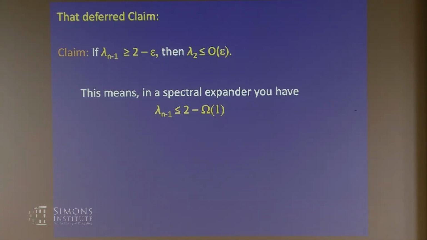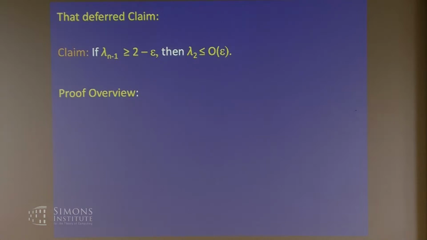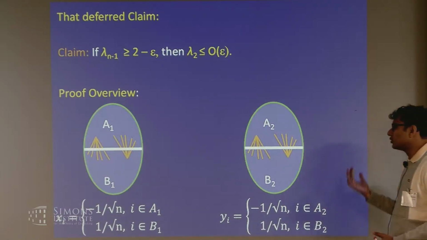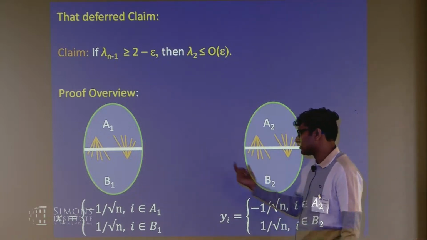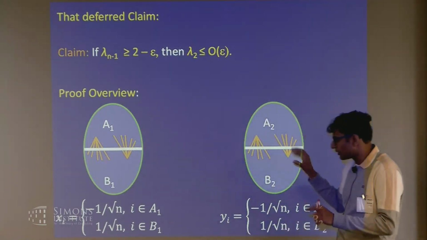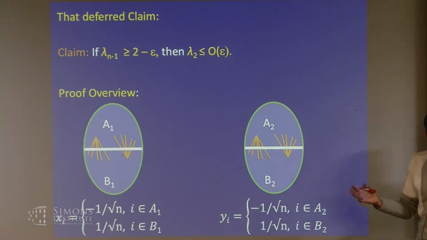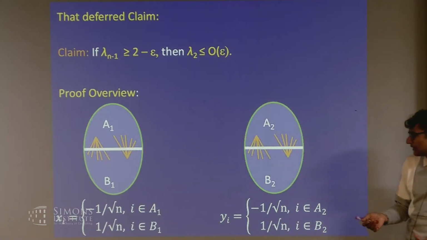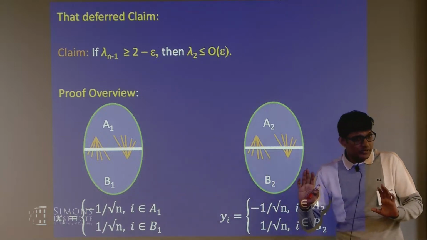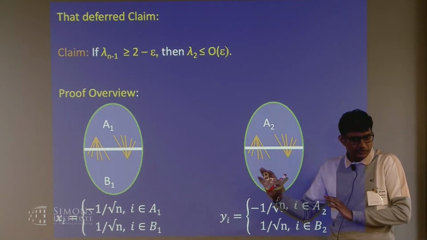All right, so let me try to sketch how we prove this. At a cartoon picture level, let's start with the following picture. Suppose I have a graph which consists of two disjoint bipartite graphs. You can immediately start writing some eigenvectors with eigenvalue 2.